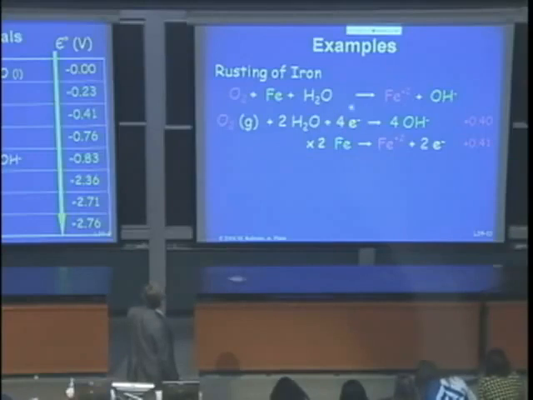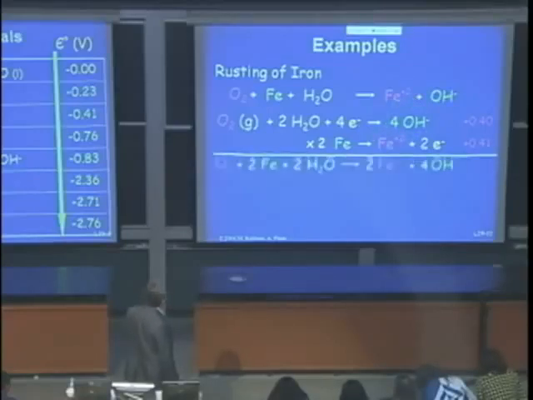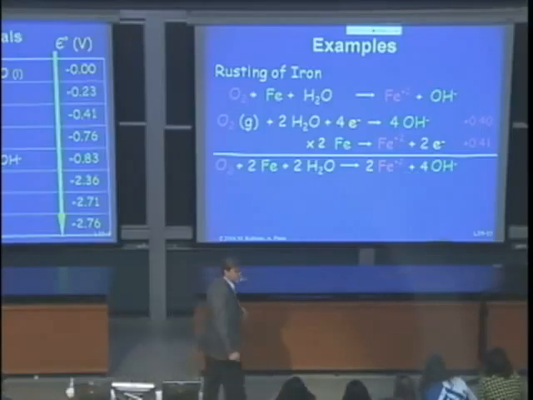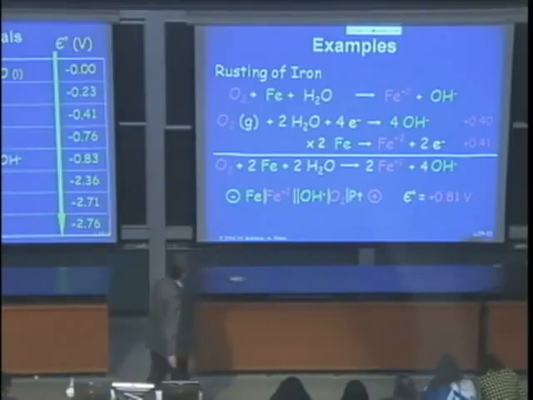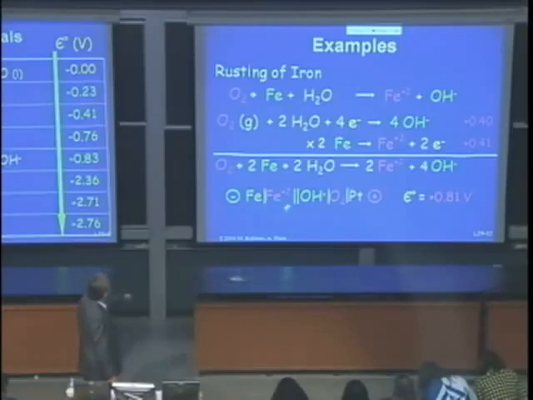We have 4 electrons here, 4 electrons here that can cancel. We have oxygen here, 2 waters here, 2 iron here, 4 OH here, and 2 Fe2+ here. Let's see if this is right. There you go. What's the potential of that baby? 0.81 volts, okay? So you would have, for example, a half cell. Of course, you don't make a half cell like this. Where you have on this side, what side would that be, the anode or the cathode?